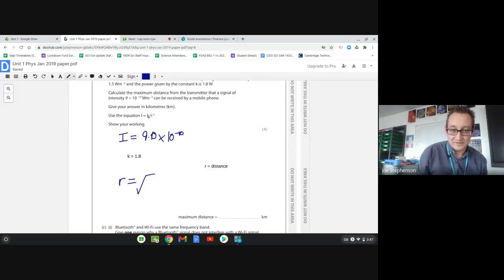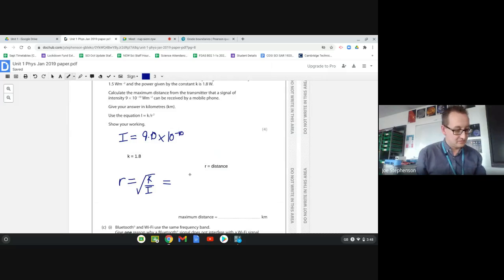This is essentially K divided by I. So you're going to do 1.8 divided by 9 times 10 to the power minus 10, and then you can square root it.